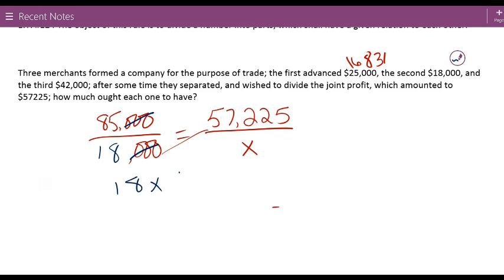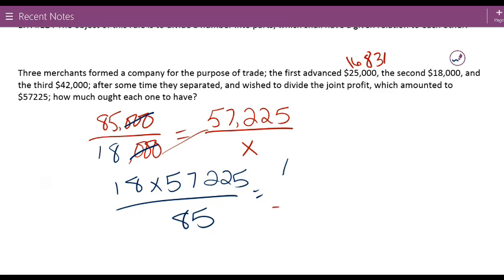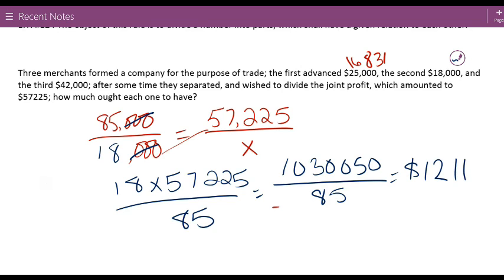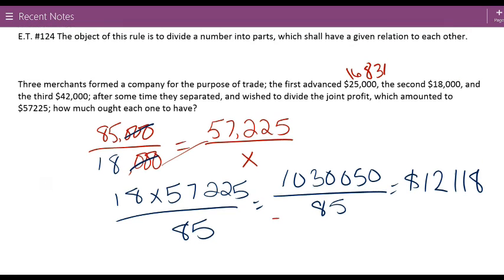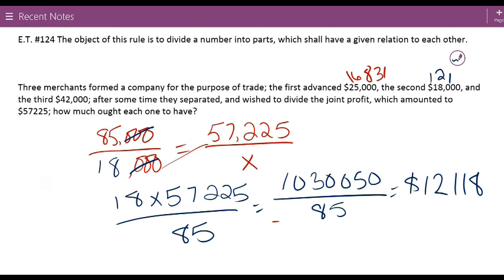So now we have 18 times 57,225 over 85 equals, okay, so that gives us 1,030,050 over 85, which is going to give us 12,118 and some cents. 12,118.